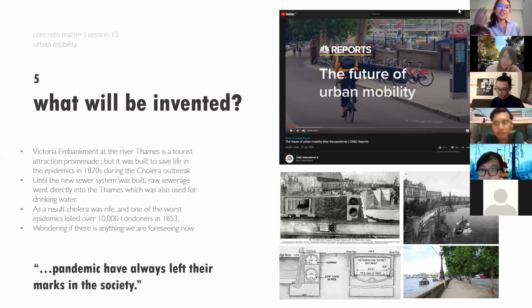When you see Victoria Embankment, you remember that there was a period in history when there was an outbreak. So will there be any interesting changes or permanent structures that address COVID? And in the future, people look at this structure or this planning of the city and think, back then, because we needed this social distancing. These are just some of my thoughts from the video.